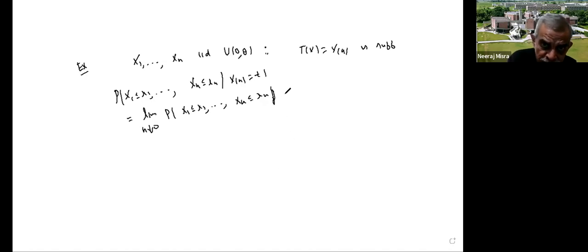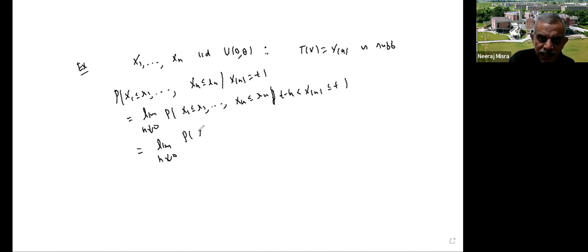So how do you do this? You do it through t minus h less than X(n) less than or equal to t. Now this is the same as the limit h going to 0. Now I can write it down, because this probability will not be 0.